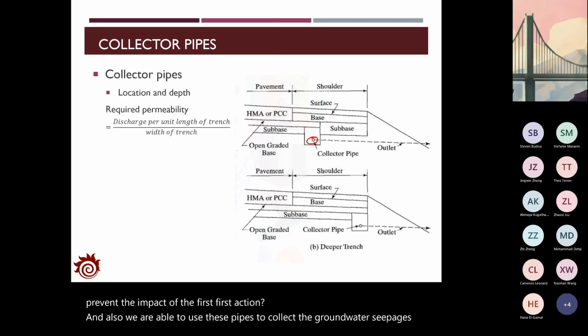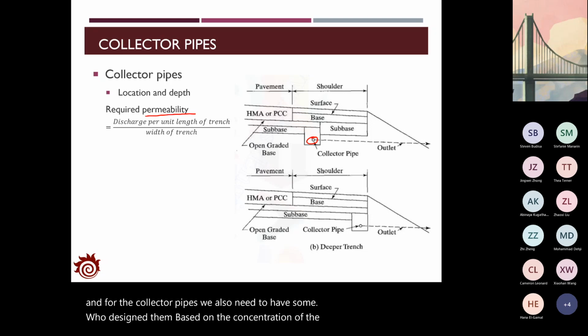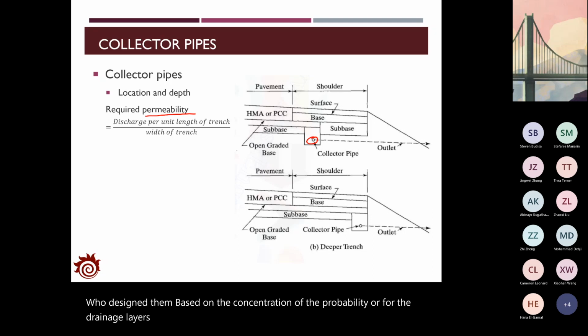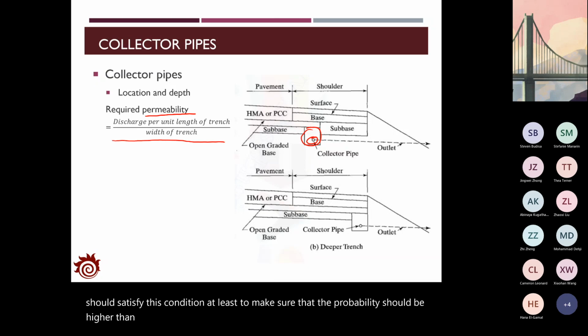And for the collector pipes, we have to design them based on the consideration of the permeability for the drainage layers. Usually the drainage layers applied for these trenches should satisfy this condition: the permeability should be higher than the discharge per unit length of the trench divided by the width of the trench. So this is the permeability requirement for the materials applied for these trenches.